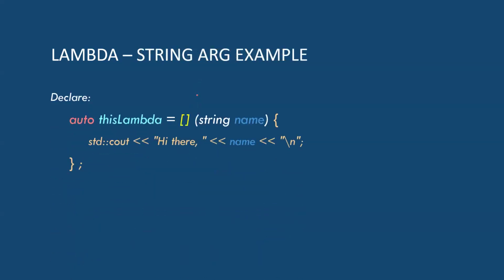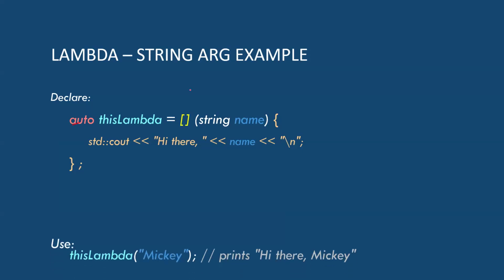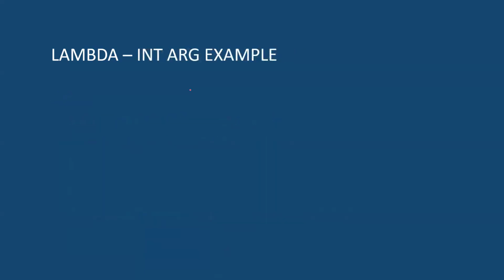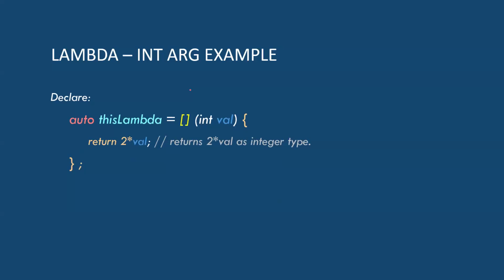Here, we're going to pass in a single argument, so you can kind of see the pattern. It's really not too complicated. Looks a little weird, but that's our lambda. And again, auto tells the compiler, here comes a lambda function. So now I can say this Mickey, right? There's another one, just some kind of simple math.